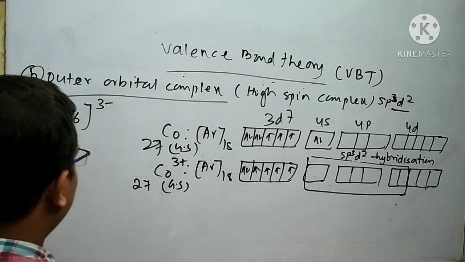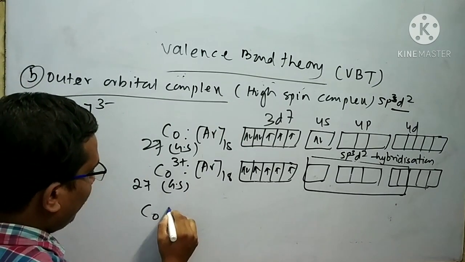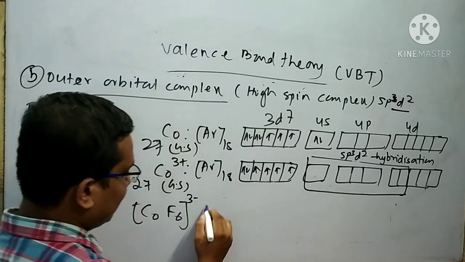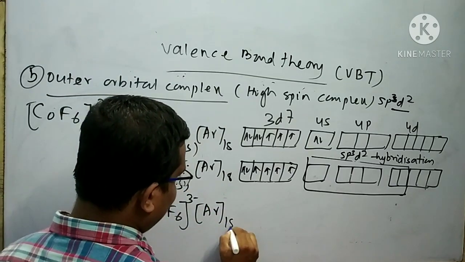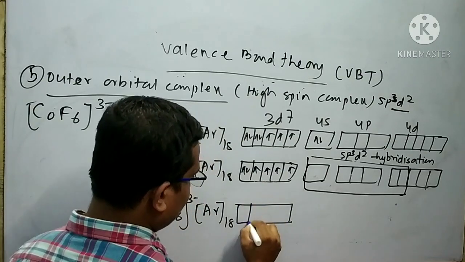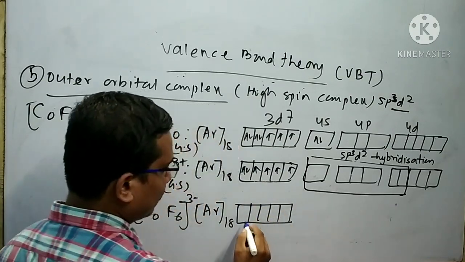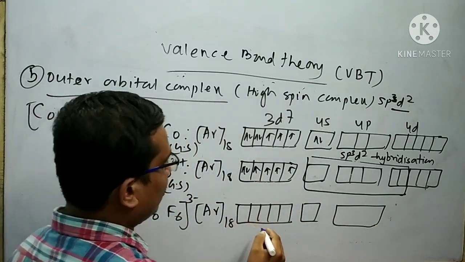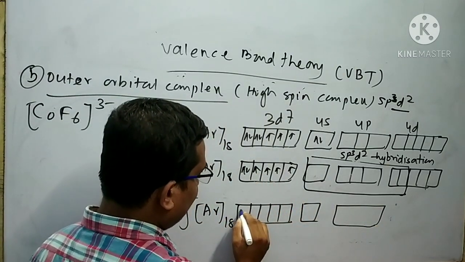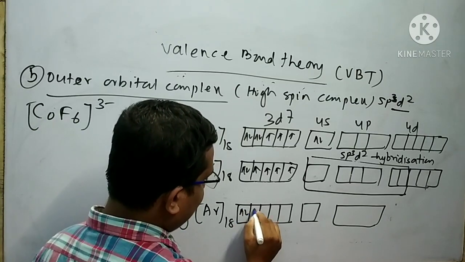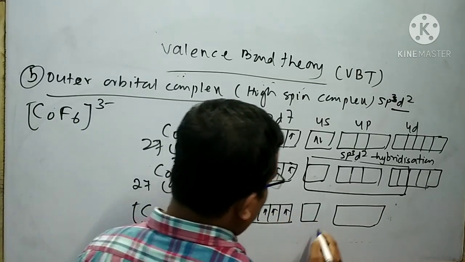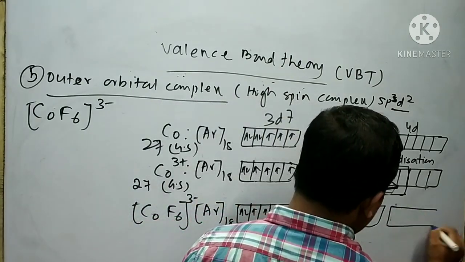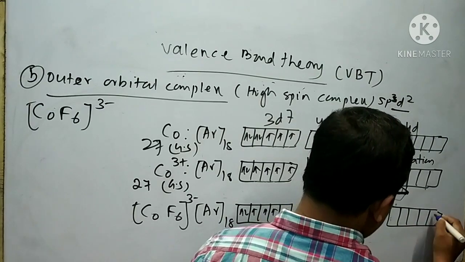So I can form the [CoF6]3- ion complex like this. Argon 18, this is your 3d orbital electrons. These orbitals are considered as hybrid orbitals.